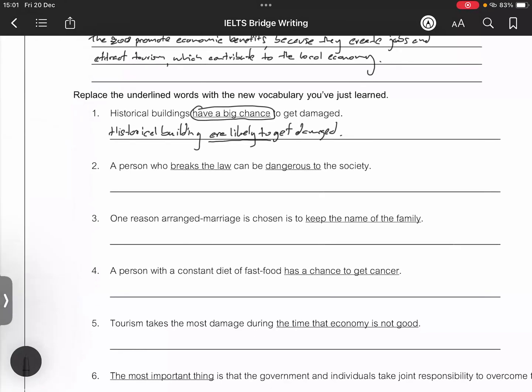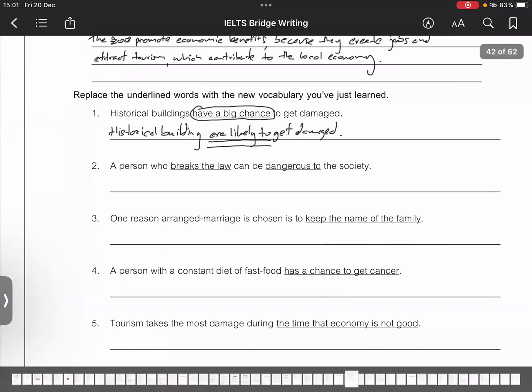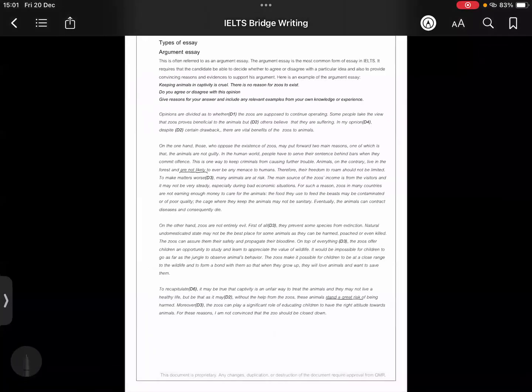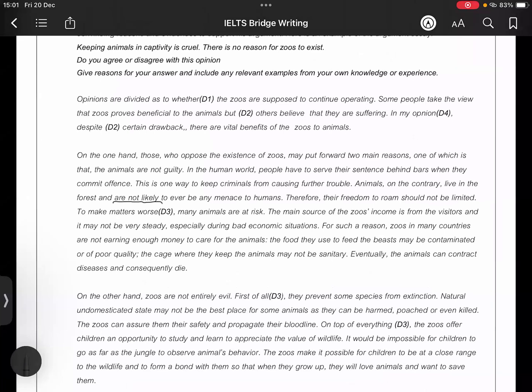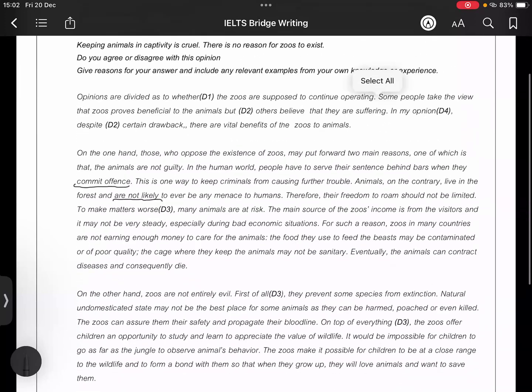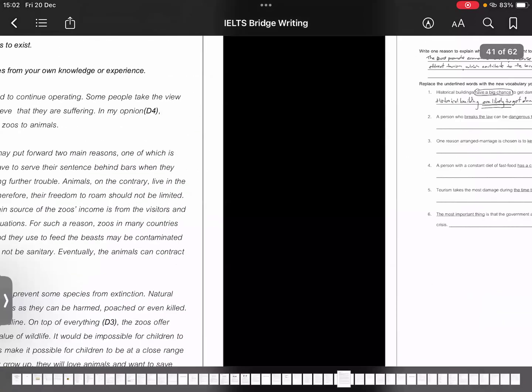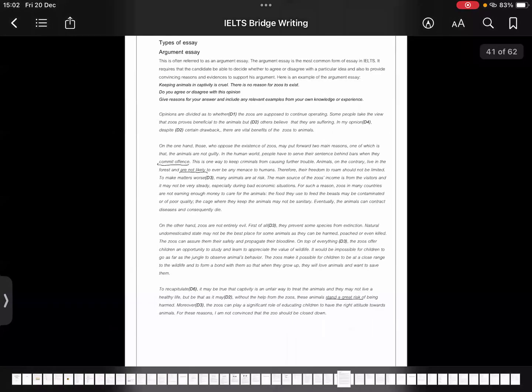Next, a person who breaks the law can be dangerous to the society. Okay, again, if you go back to the previous page, equivalent expressions to breaking the law could be here, commit offense. Okay, that's the same as saying break the law. Okay, can be harmful, right? Can be dangerous to society.